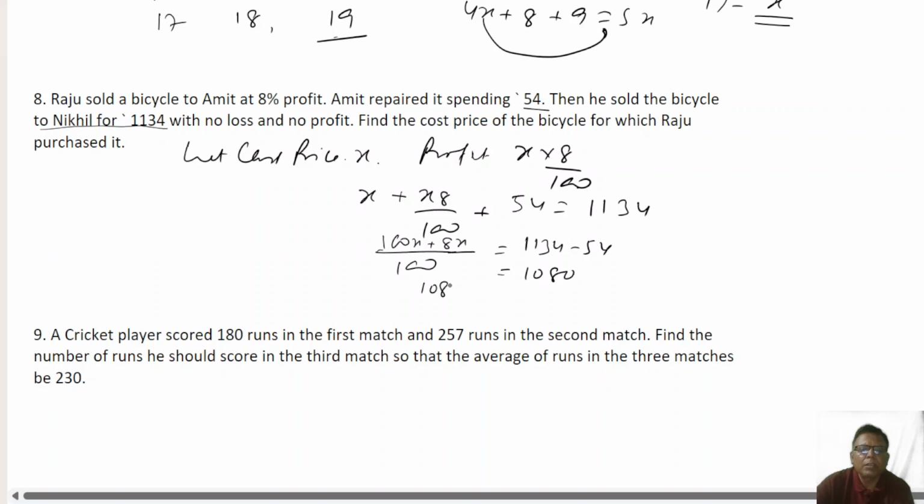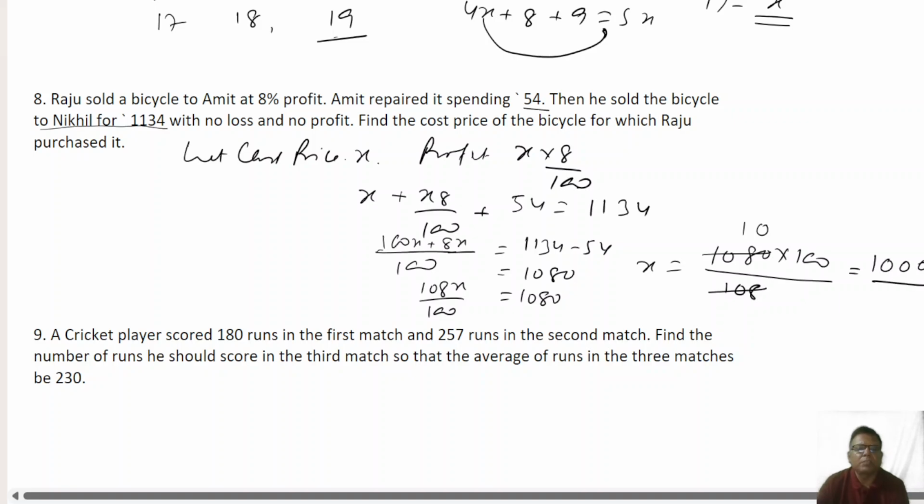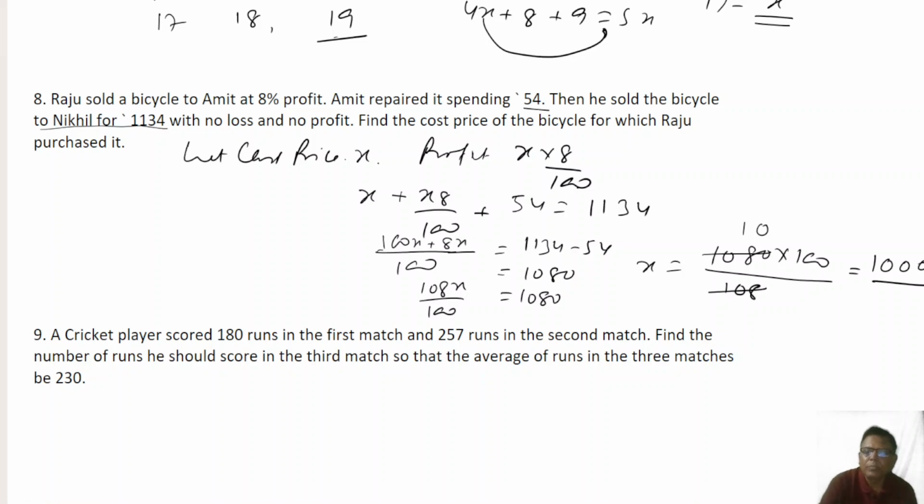It is 108x divided by 100 is equal to 1080. Then x is equal to 1080 into 100 divided by 108. So this is 10 and this is equal to 1000. This is the answer.